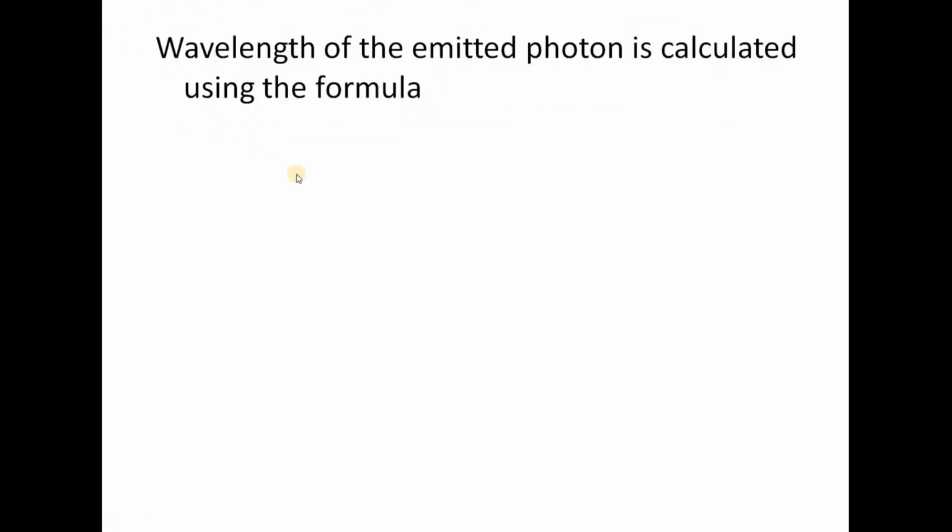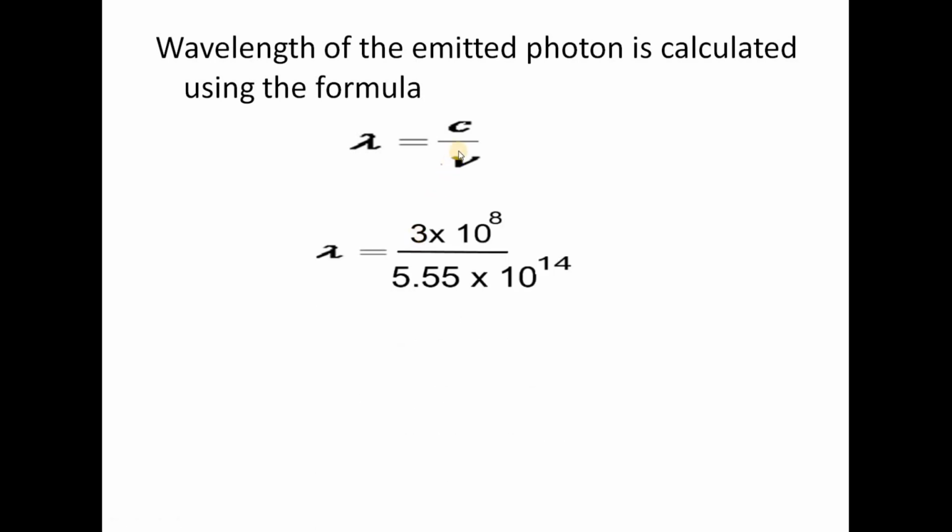So wavelength of the emitted photon is calculated using the formula lambda is equal to c by nu, because c equal to nu lambda. So lambda is equal to 3 into 10 power 8, that is the speed of light, divided by nu, which we have calculated as 5.55 into 10 power 14. So after calculation we will end up with 0.54 into 10 power minus 6 meters. In terms of nanometer, it is 540 nanometer.